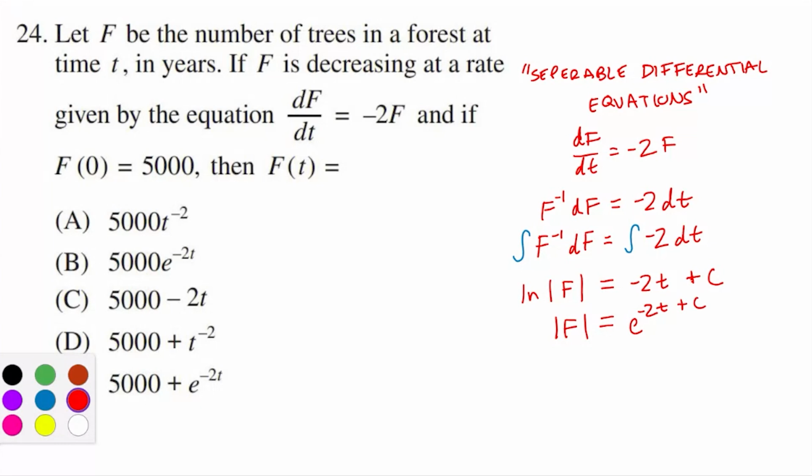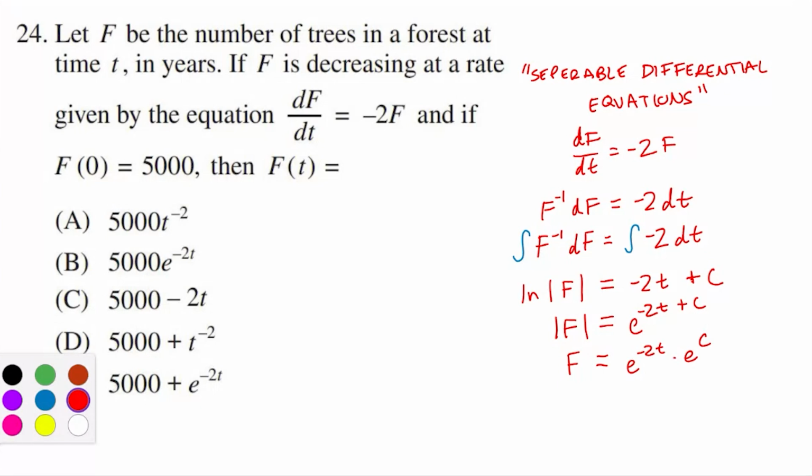Now, one thing we can do here is notice that we have an exponential function on the right-hand side. That is going to be positive, so we can drop the absolute value symbols and just be left with f equals. And then one other thing that we can do to simplify this equation is to rewrite e to the power of negative 2t plus c as e to the negative 2t times e to the c.